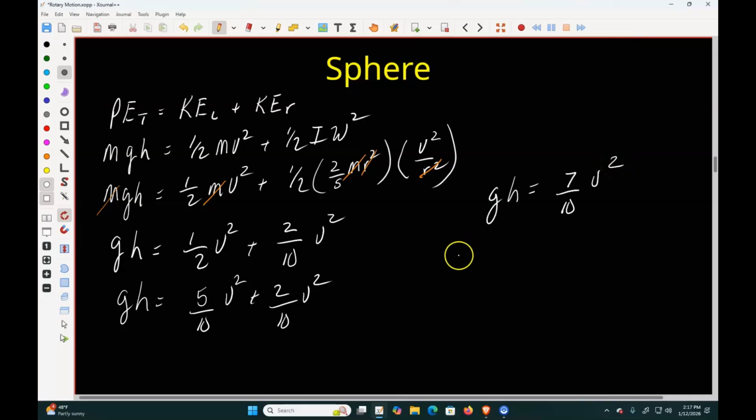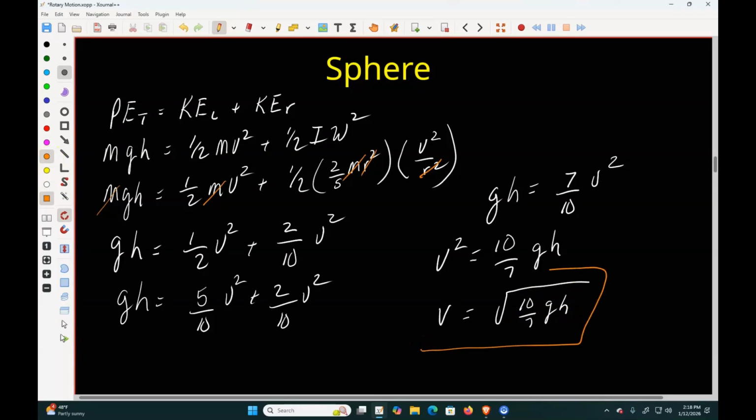Take my 7/10 over to the other side so that v squared will be equal to 10/7 gh. So velocity is equal to the square root of 10/7 gh. So there we have the equations for a thin ring, a disk, and a sphere rolling down an inclined plane.